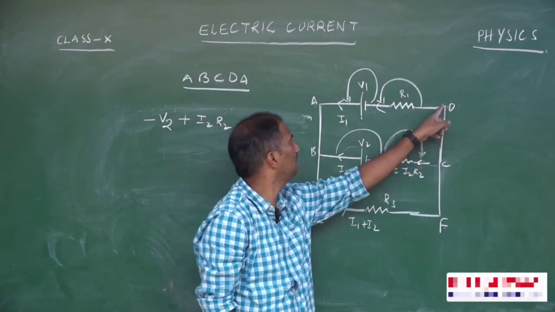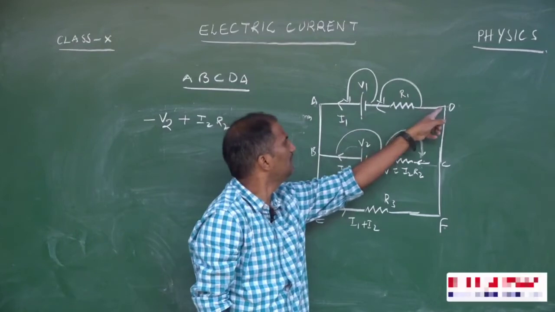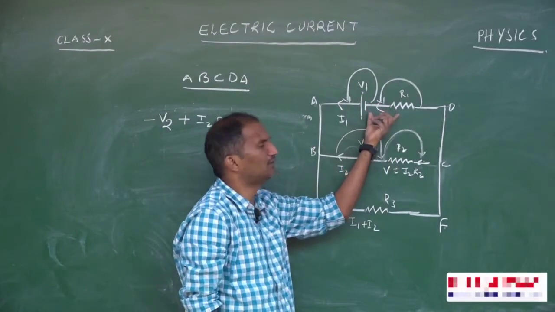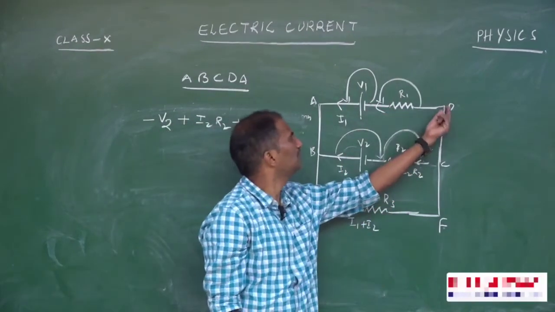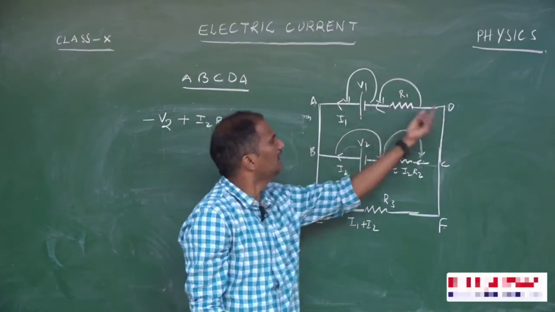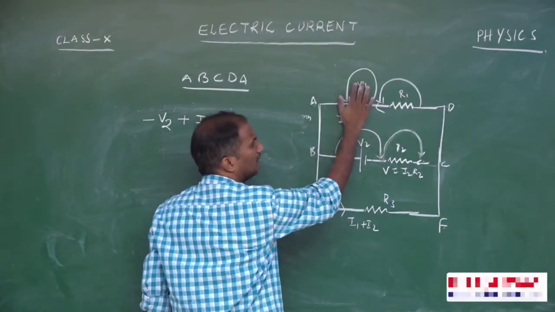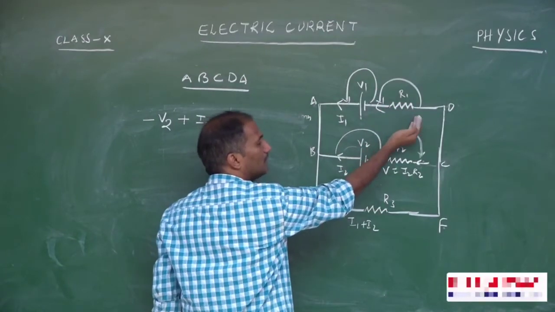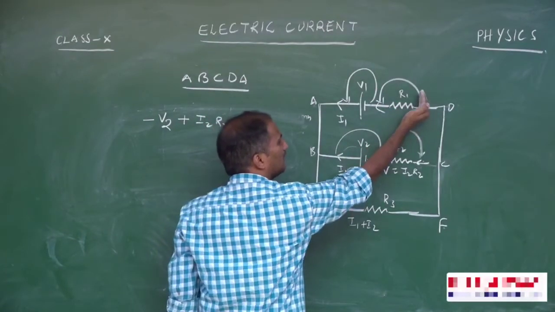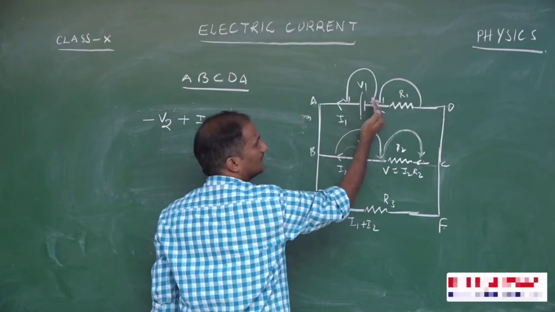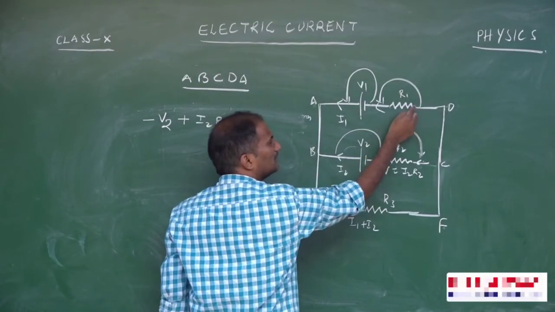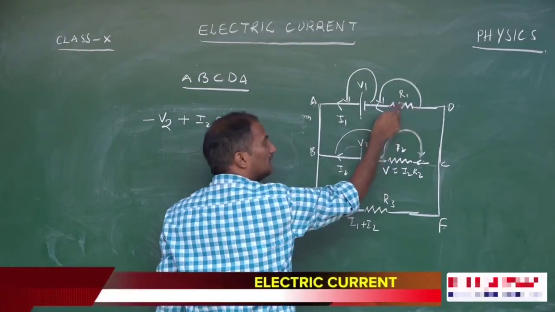Now we are traveling from D to A. In between D and A, there are two components, that is, one is a cell, another one is a resistor. Now we are traveling from one end of the resistor to the other end of the resistor. That means we are traveling in the direction of current.